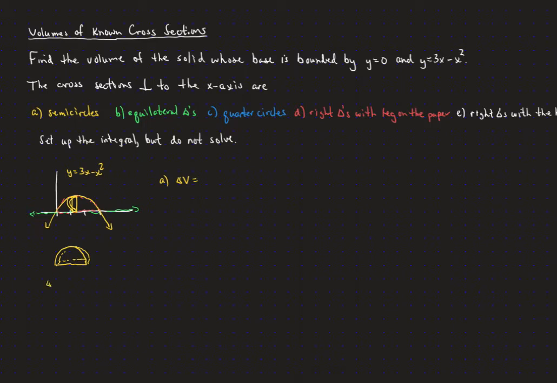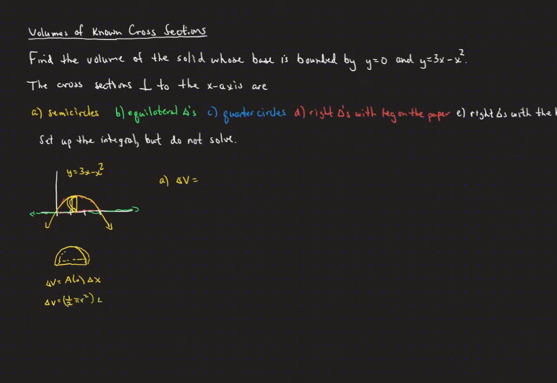Now the delta volume is always going to be the area of that cross-sectional piece, in this case the semicircle, times delta x. So what that area is will vary from one solid to another, from one cross-section to the other. In the case of our first one, semicircles, that's going to be 1/2 pi r squared.